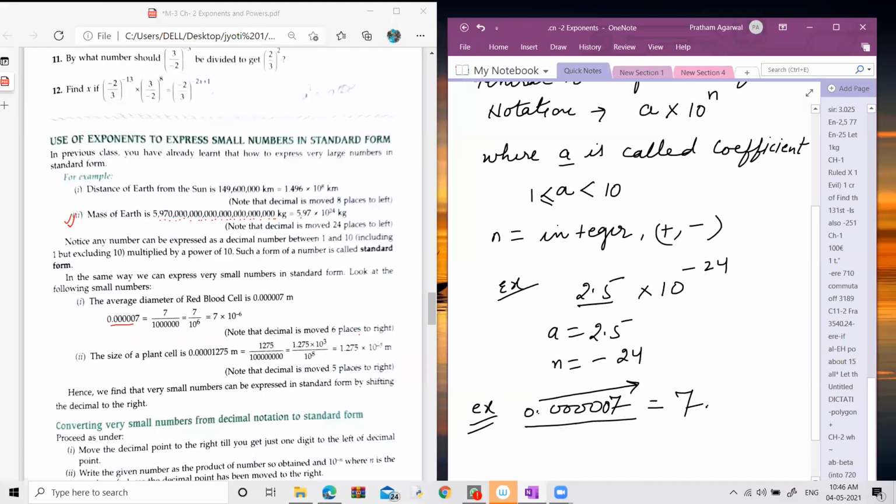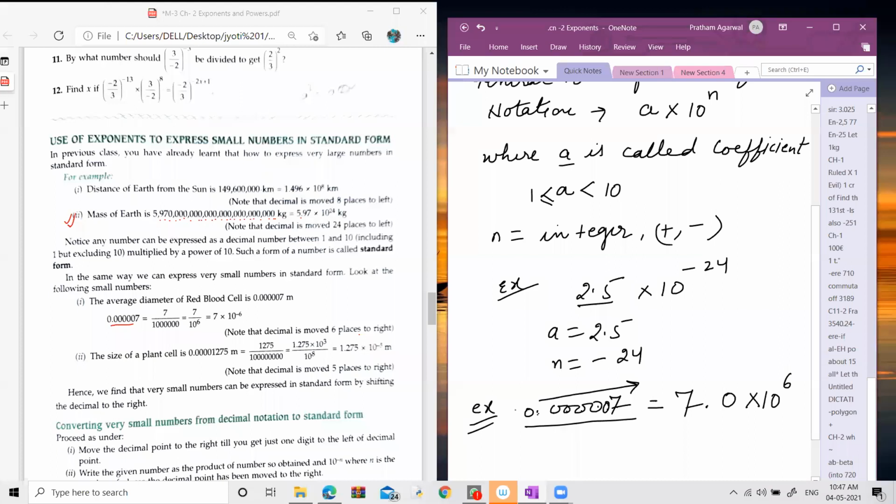So put the decimal there. How many places do you move the decimal from left to right? Count the number of places: 1, 2, 3, 4, 5, 6. So shifting the decimal left to right is 6 places, and that's why you write 10 to the power 6.